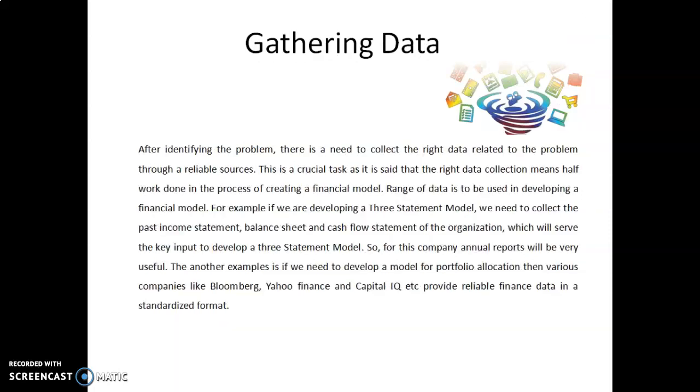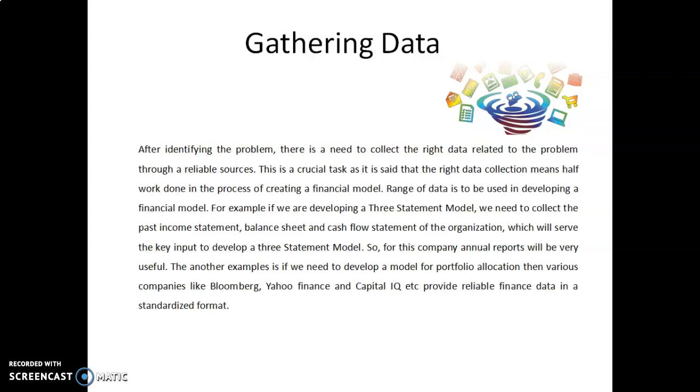The second step of creating a financial model is gathering the data. Now we have identified the problem, but we need to gather the data. After identifying the problem, there is a need to collect the right data related to the problem through a reliable source, and this is a crucial task. It is said that right data collection means half the work is done in the process of creating a financial model.